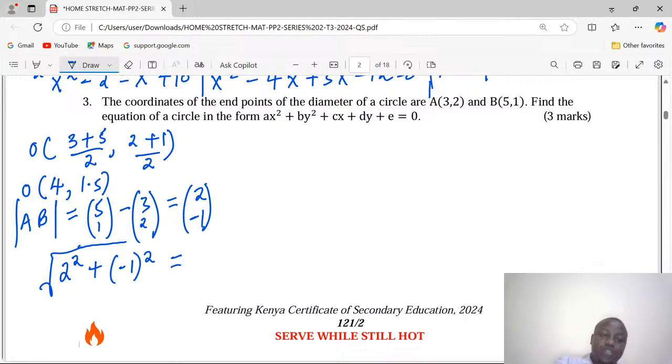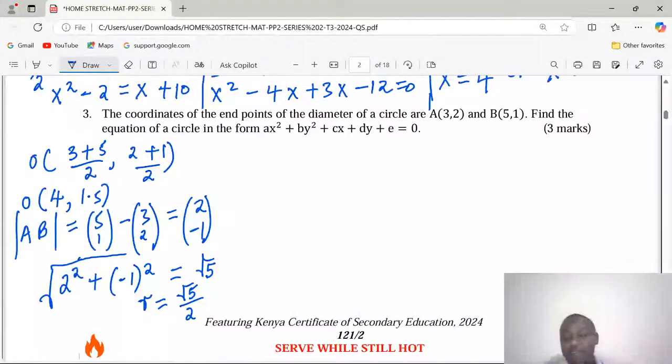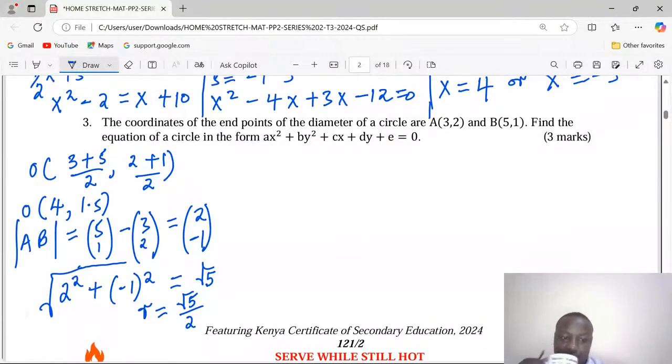So this will be the square root of 5. This one is the diameter, which means the radius shall be the root of 5 over 2. When we divide the diameter by 2, we get the radius, and the diameter is the square root of 5. So when divided by 2, we shall get the radius.